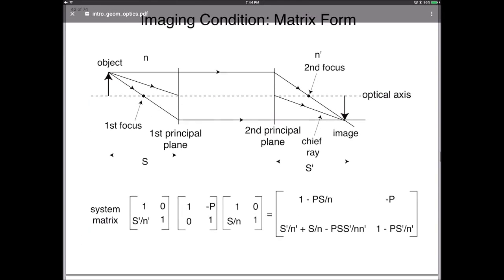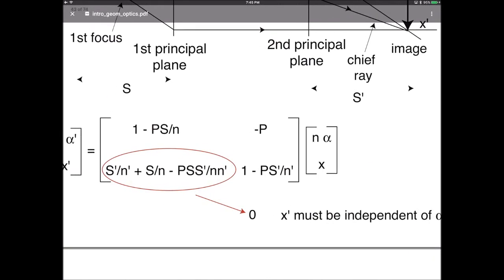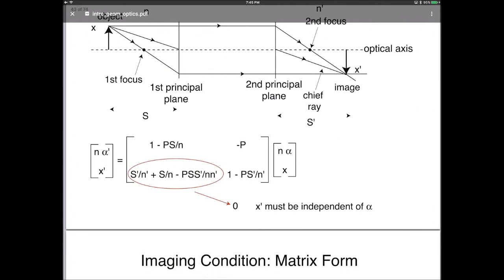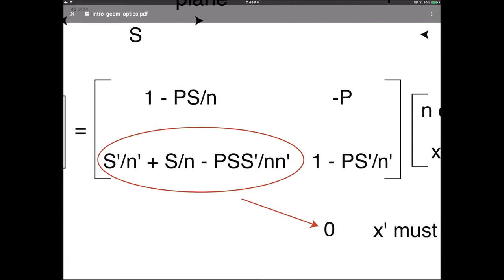So this term over here has to be independent of the angle. Also, because it gives you position, it has to be independent of alpha. So x prime is independent of alpha. So this term, if the imaging condition is satisfied, cannot exist. That is, it must go to 0.